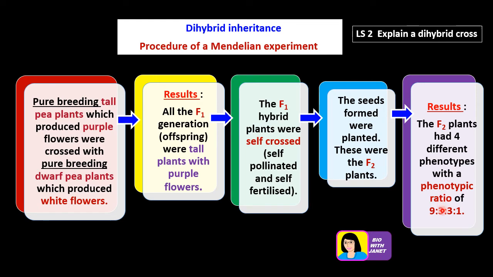The phenotypic ratio is 9:3:3:1. Think of 9 as 3 times 3 times 1. This ratio is different from the monohybrid ratio of 3:1 when 2 heterozygous plants are crossed. You're going to find out how we got this ratio from the dihybrid cross.